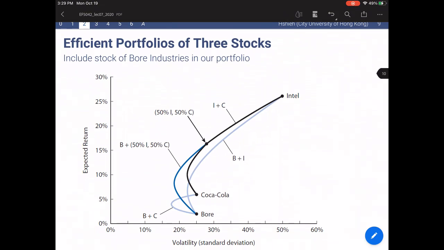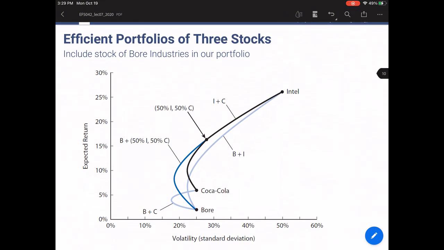All right, so let's get to the topic of efficient portfolios. In the example I gave you with Excel, we only talked about two stocks. We had Intel and Coke, but of course we can include many more stocks in our portfolio. But as you realize, your so-called set of possible portfolios will regardless have a C shape.